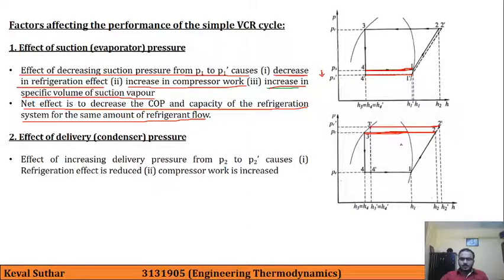So what happens because of this? So if you see, previously we were having the refrigeration effect up to this. This was our previous refrigeration effect with our usual cycle, and once we increased this condenser pressure, the refrigeration effect has been reduced.